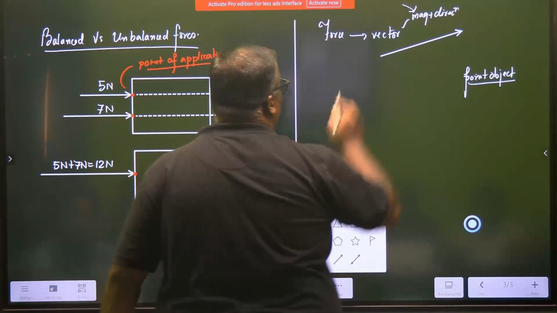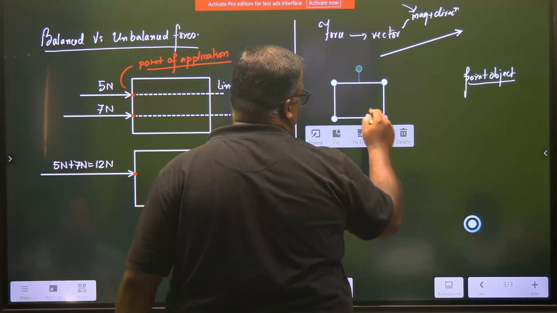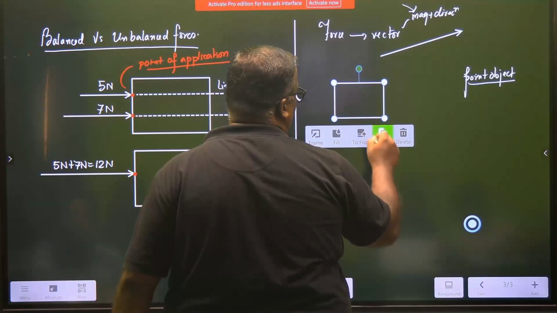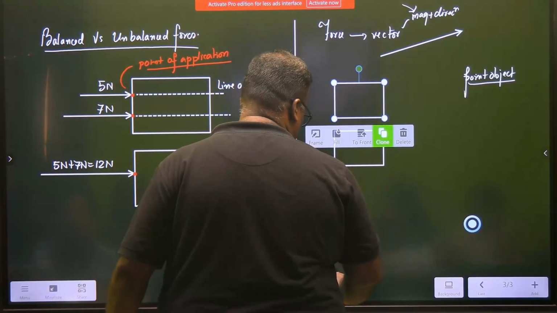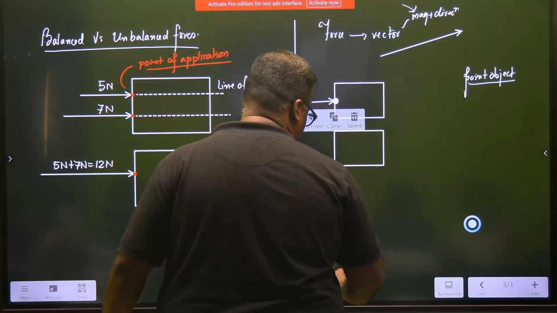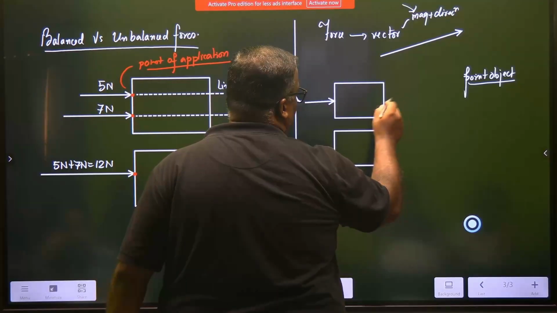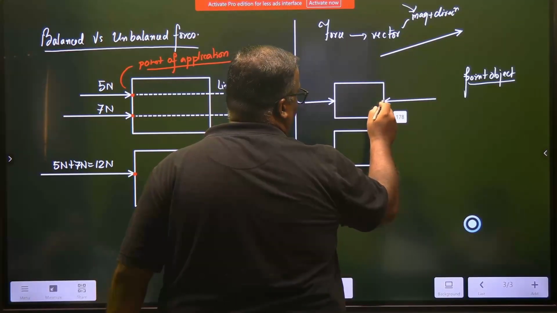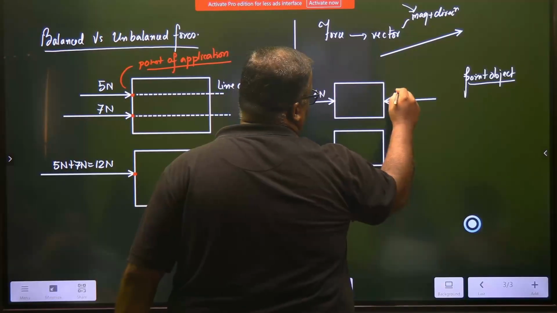I'm saying, imagine a scenario like this, beta. Okay, let me clone this. Clone. Should it come out? Yes. I'm saying this is 6 Newton and this is 10 Newton.